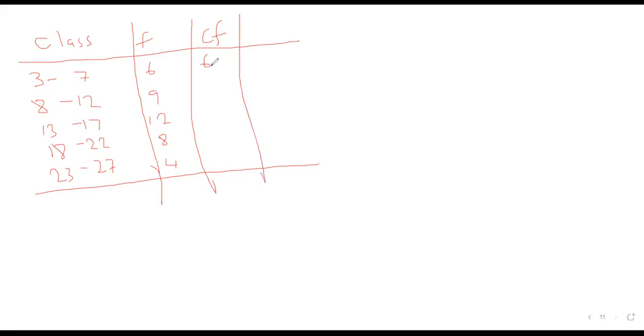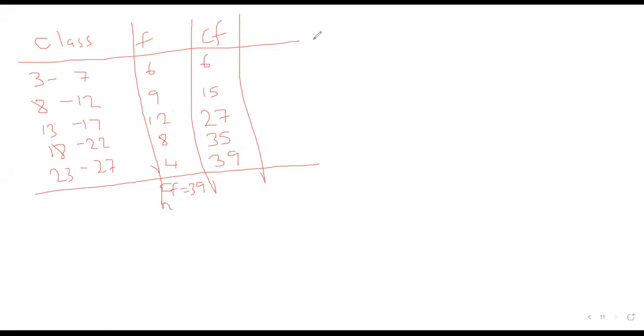So this 6 comes here, 6 plus 9 is 15. 15 plus 12 is 27. 27 plus 8 is 35. 35 plus 4 is 39. So this 39 is obviously the total, called summation of F or N.